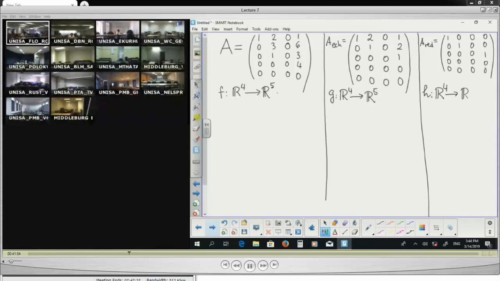Now so this, the matrix, because this is a 5 cross 4 order matrix.